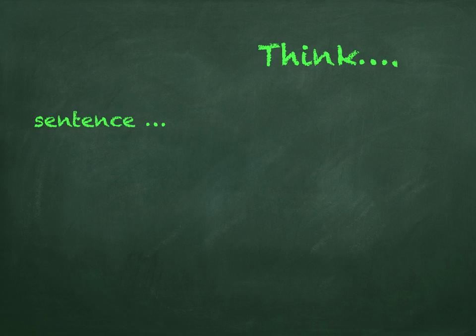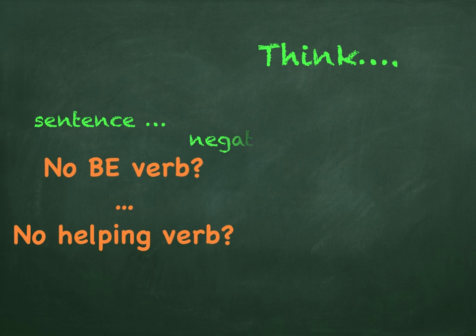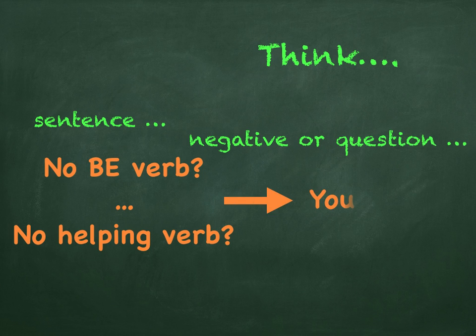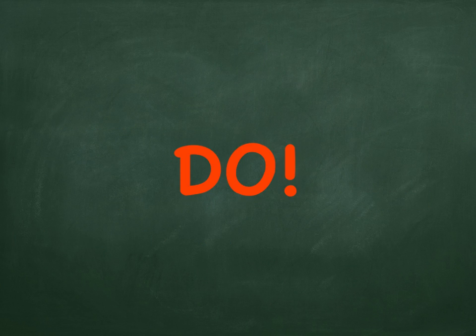Think of it this way. When the regular sentence has no verb to be and no helping verb, then to make it negative or make it into a question, you need to add the do helping verb.